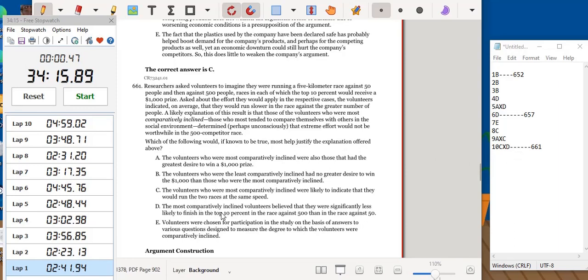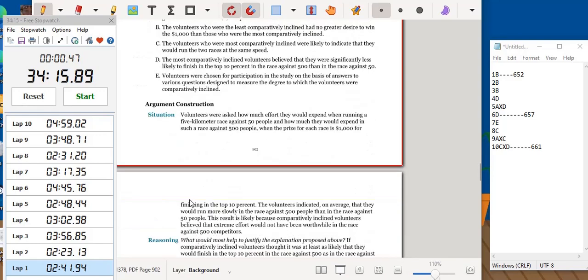The most comparatively inclined volunteers believed that they were significantly less likely to finish in the top 10% in the race against 500 than in the race against 50.